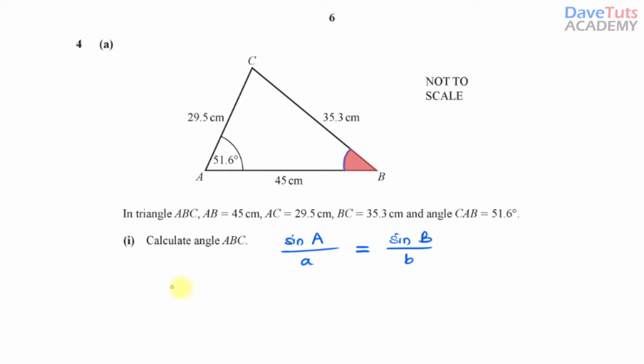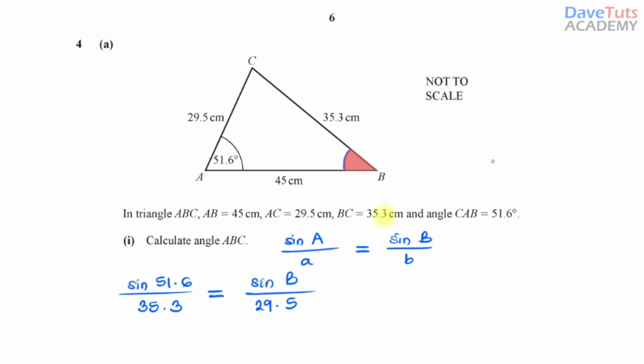So here, if I want to use this, that means I can say, what is sine A? That is sine 51.6 over a, the side facing it. This is 35.3, over 35.3, is equal to sine B, which we are looking for, divided by the side facing it, which is b, 29.5.